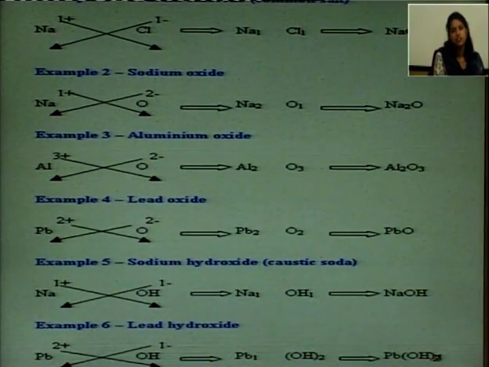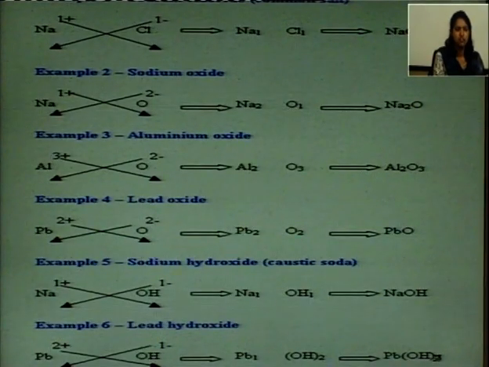Then we convert these valencies into numbers by ignoring the positive and negative signs, then crisscross the valencies to the lower right of the symbol, as you can see from these arrows: one from chloride has come to the right of sodium, and one from sodium has come to the right of chloride. Because both numbers are 1, we can write the formula as NaCl. Then it is sodium oxide.